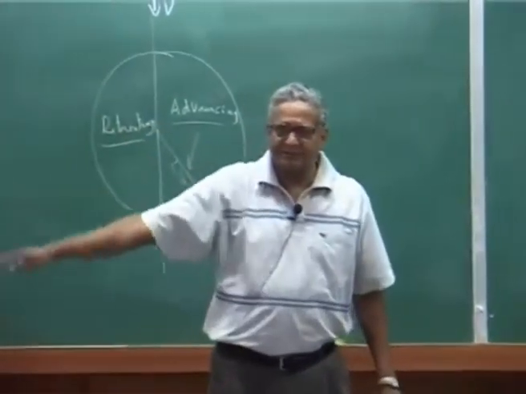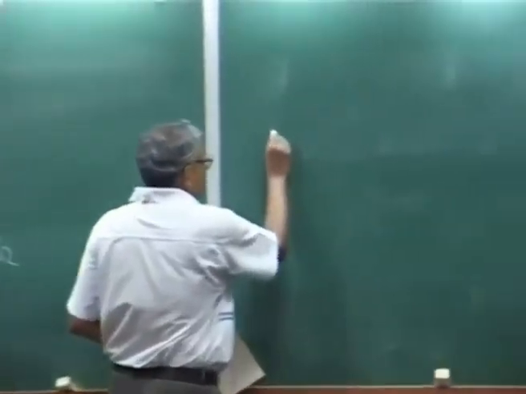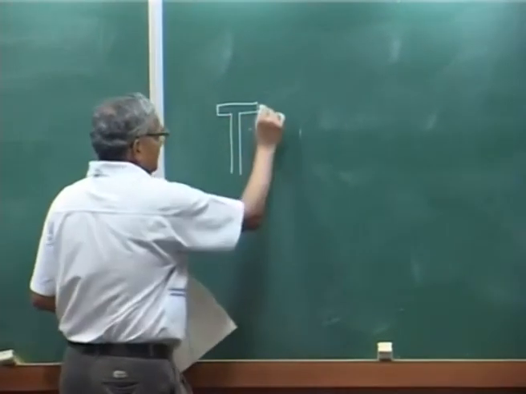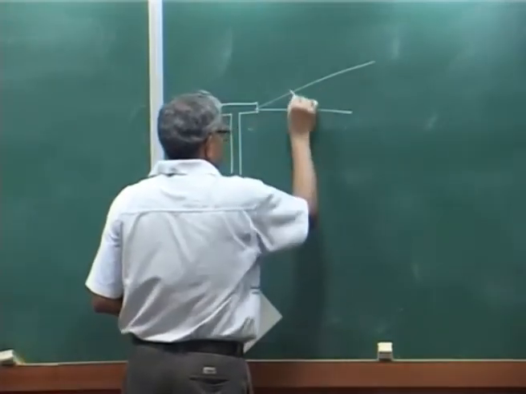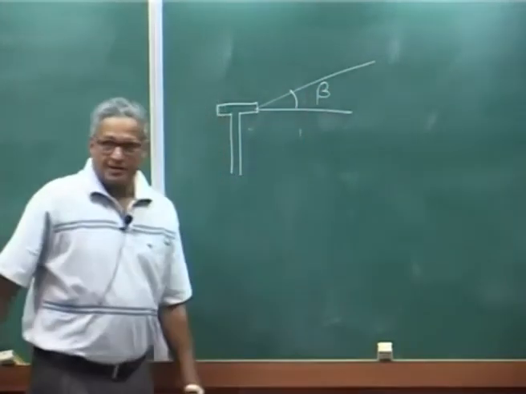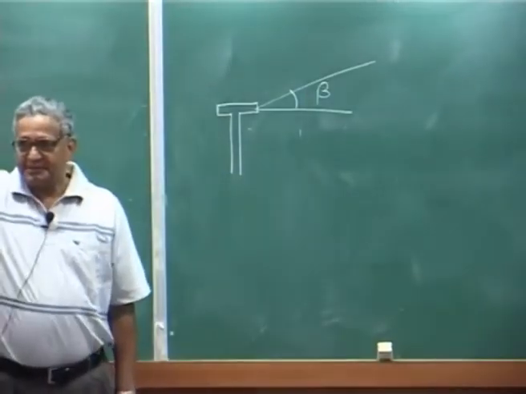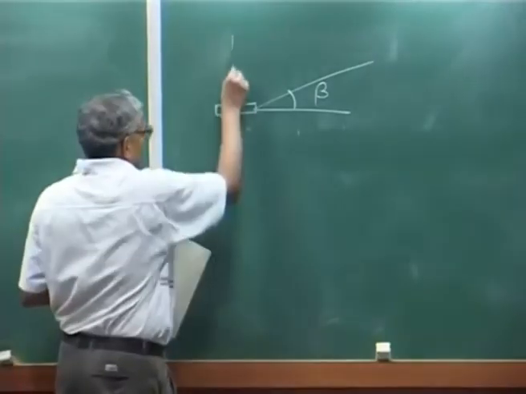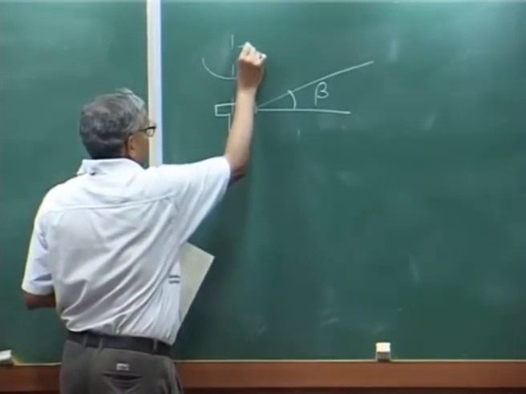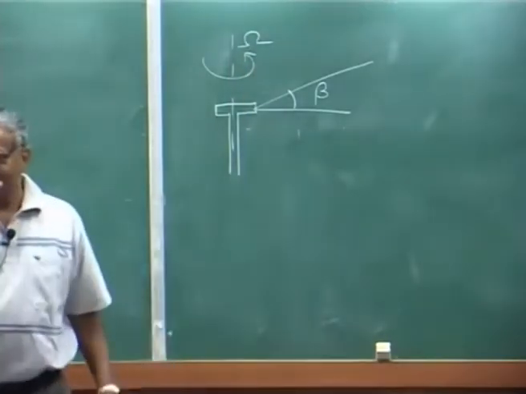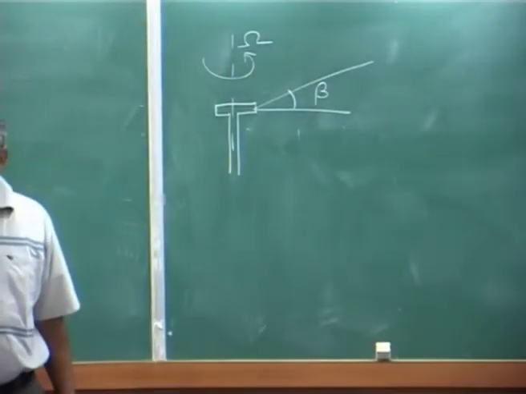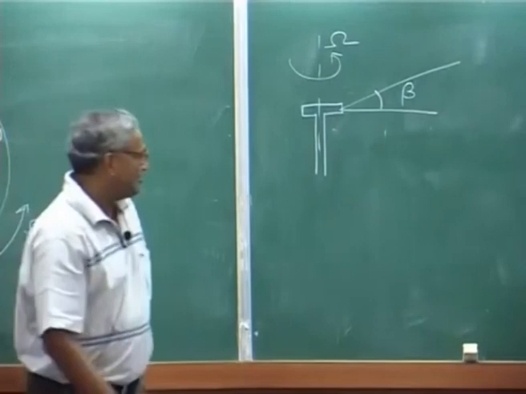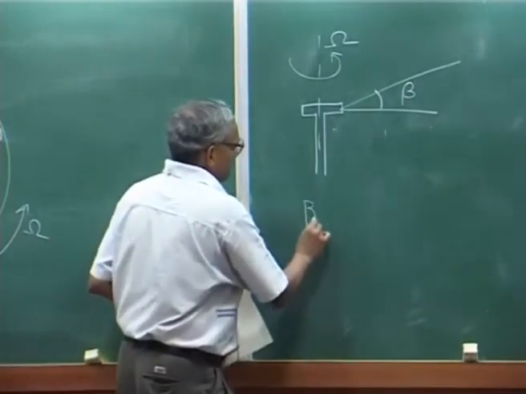The blade is flapping, and let us say this is the hub, and the blade flaps by beta. But this is one approximation I am showing, because this is rotating. Later we will see how to represent the blade.